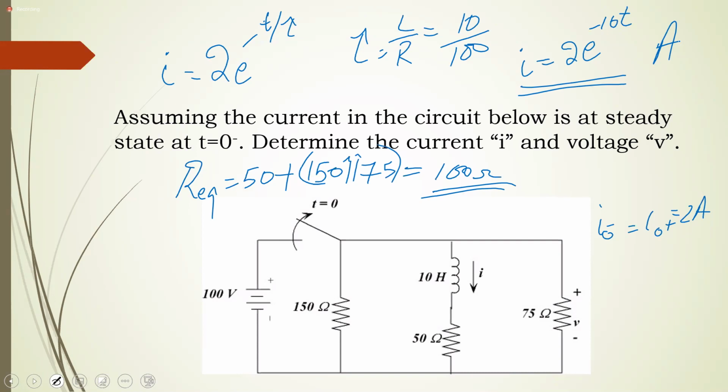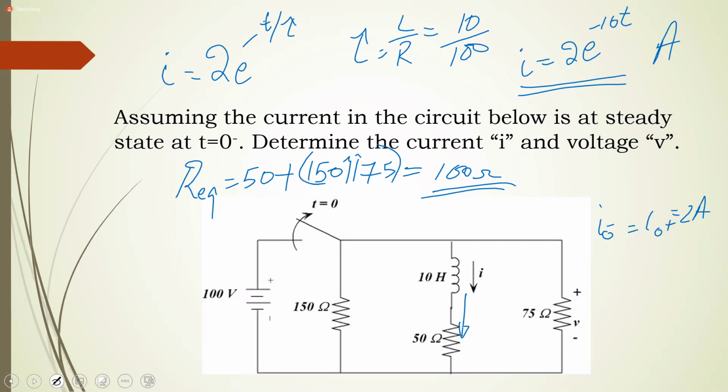Voltage across the 75 ohm resistor. So if I know the current going here, what do I need to do? Use the current divider.